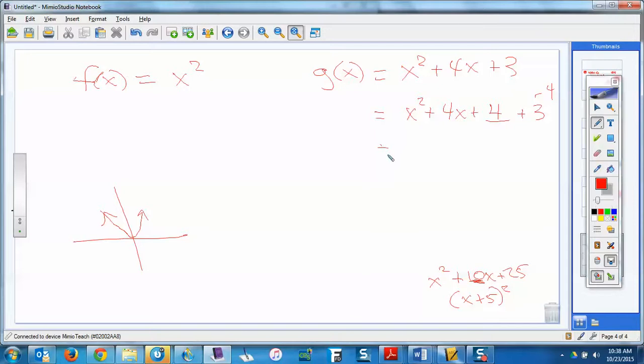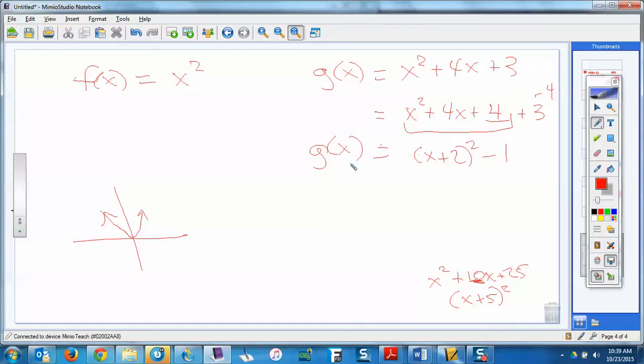So what I'm going to do is write this now as those 3, which would be x plus 2 squared, and then 3 minus 4 is minus 1. Okay? If I was to work this the other way, if I was to FOIL this out, I have x squared plus 4x plus 4 minus 1. 4 minus 1 is 3.